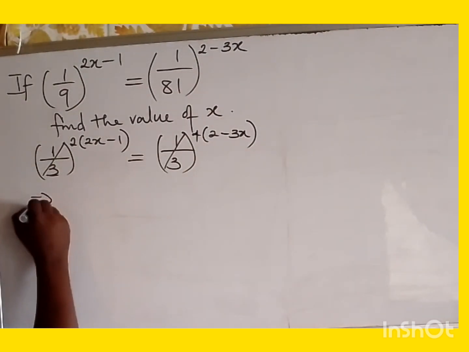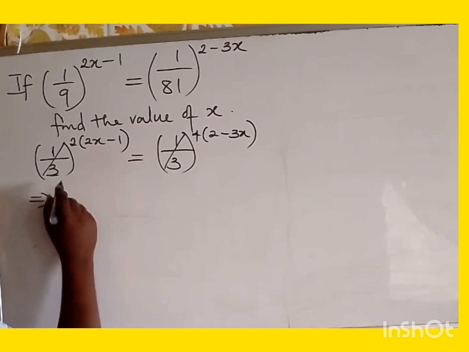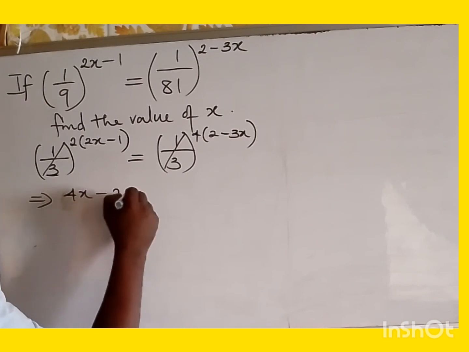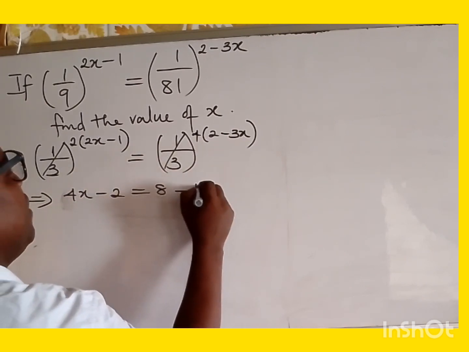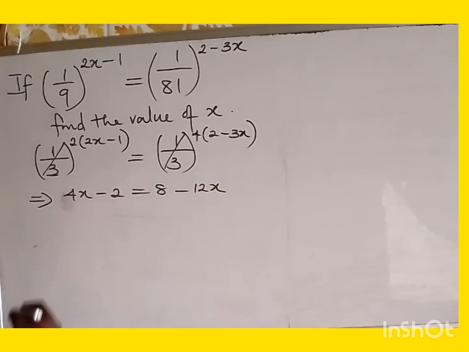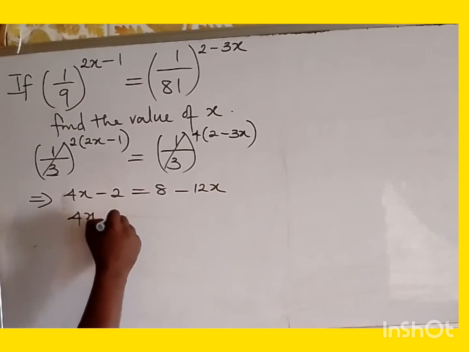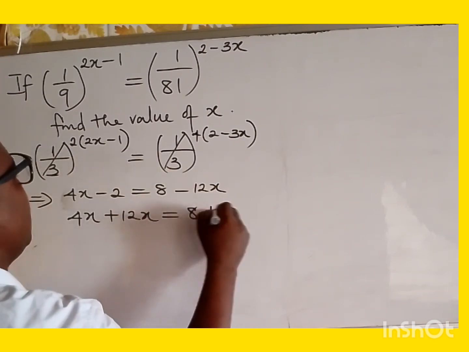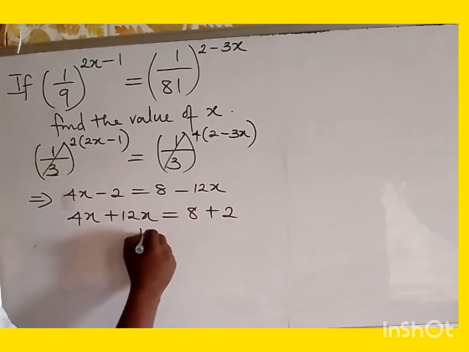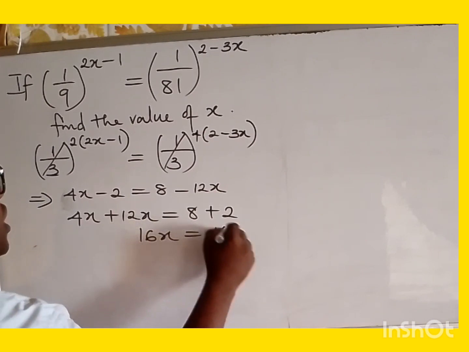So from here I can open the bracket. If I open the bracket, I will have 4x minus 2 is equal to 8 minus 12x. Then we collect terms, and we have 4x plus 12x is equal to 8, plus 2. That will give us 16x is equal to 10.